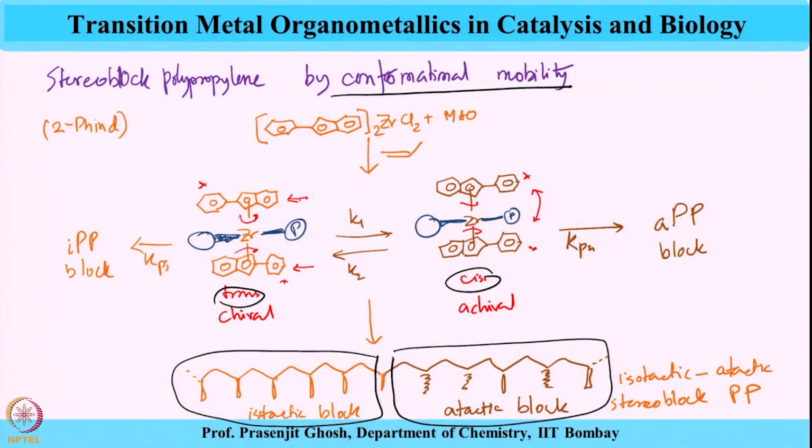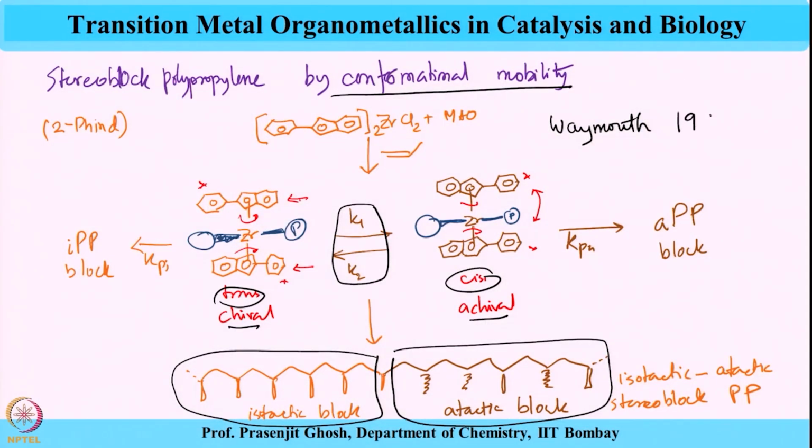So, by changing the temperature and concentration, one can control this equilibrium, the rate of exchange between the cis and the trans, and then can control the length of the stereoblock at will. And also one should take note of the fact that only one of the conformations is chiral, which is giving this isotactic block, and the other is achiral, which is giving this atactic block.